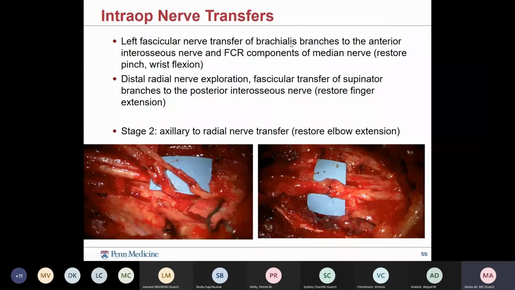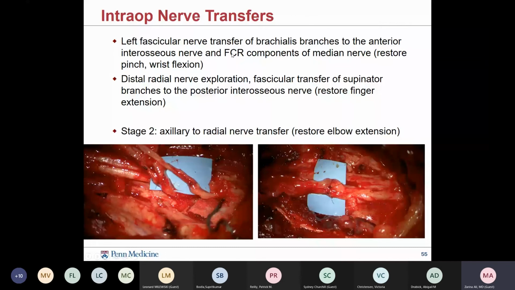And of course, intraoperatively, we have to confirm that. So these are patients that we directly stimulate the musculocutaneous nerve, identify intraoperative contraction of the biceps before we take a donor. And so here we utilize the musculocutaneous branch, the brachialis branch, and coapt that to the AIN, which we isolate off the median nerve.